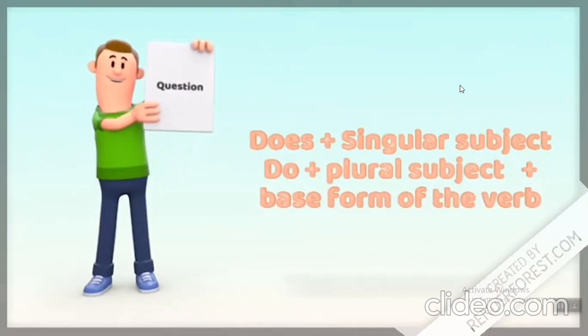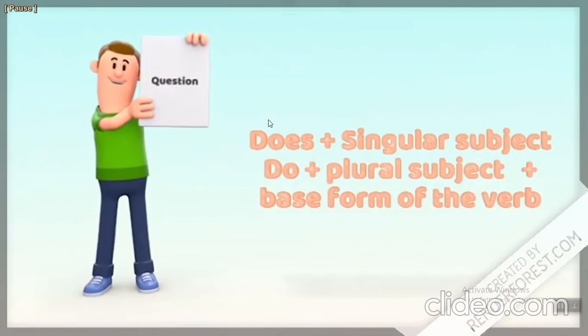Question. How to form a question. Does with singular subjects or singular pronouns, do with plural subjects or plural pronouns, plus the base form of the verb. I am focused here. We said if we have a singular pronoun or a singular subject, we will add s to the verb. What about the question here? We ask using does or do, and does goes with singular pronouns or singular subjects.